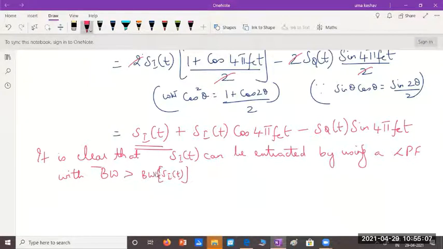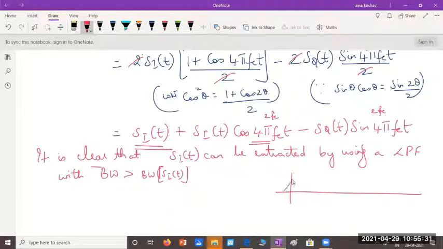Remember this is not multiplied with any carrier. Whereas here in the second case, the carrier used is 2fc, and the signal is at frequency 2fc. So ideally, if you write this in the spectrum, it will look like this.